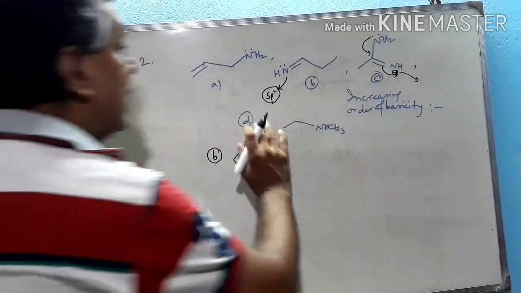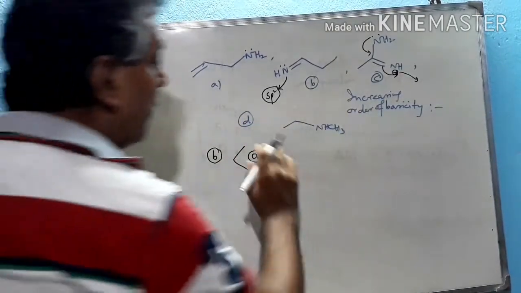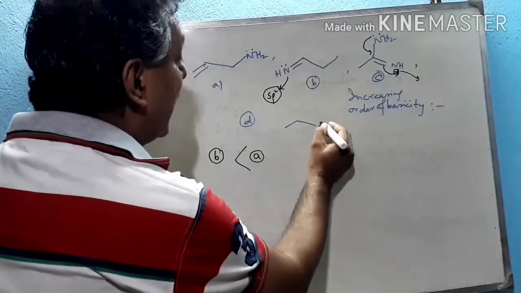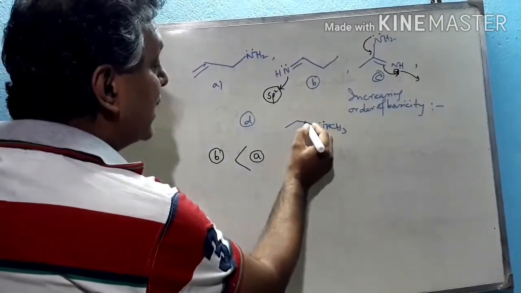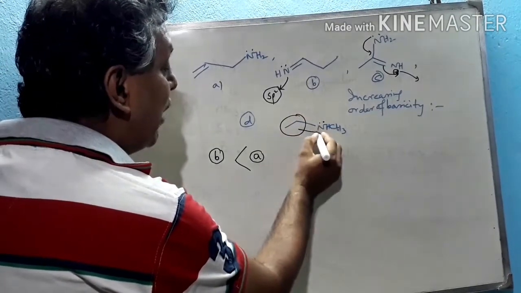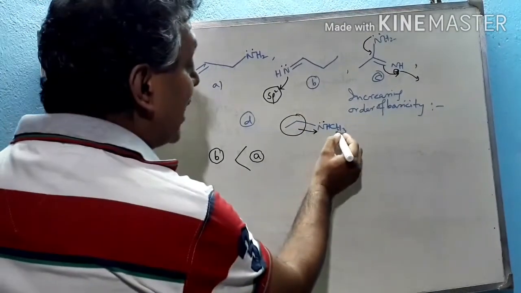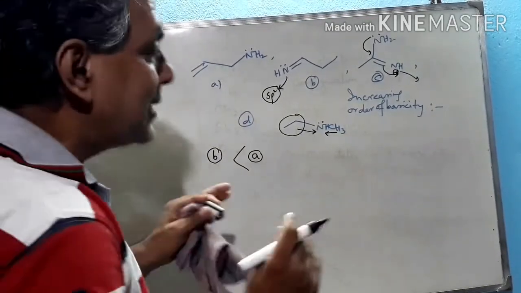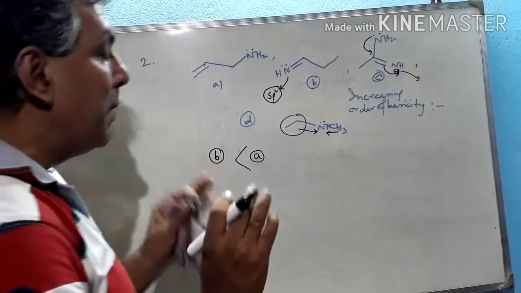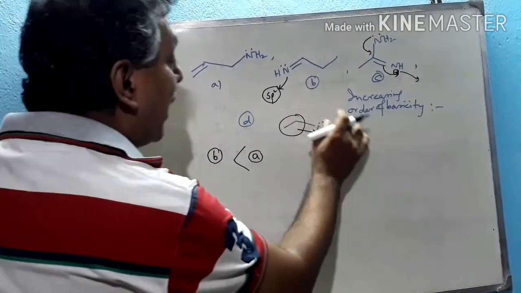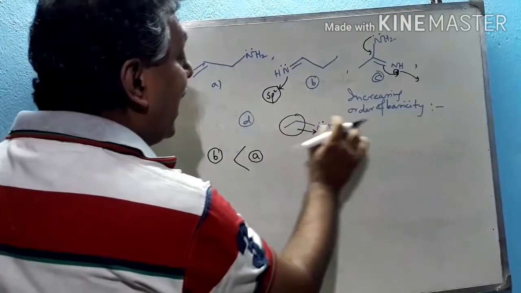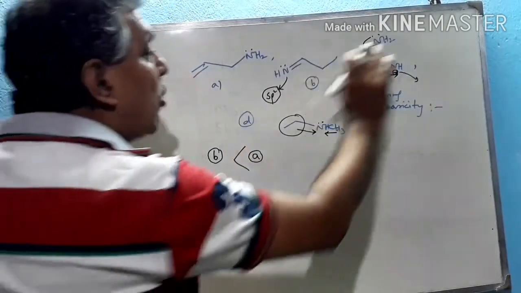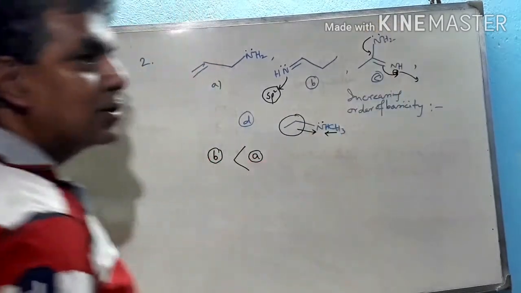Now if we compare D and C: here it donates through resonance, but in D it donates through the plus I effect, because the ethyl group has a plus I effect and donates electron density, as does the methyl group, towards the nitrogen. The plus I effect increases the basic strength, but due to the bulky ethyl and methyl groups, the donation is somewhat less compared to C, where free donation occurs through resonance.